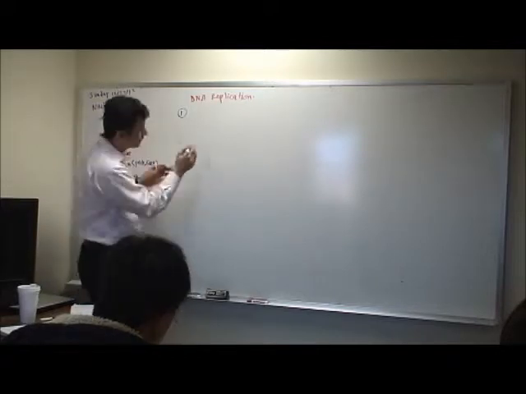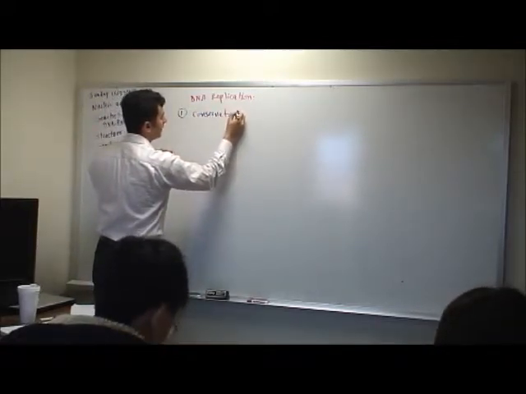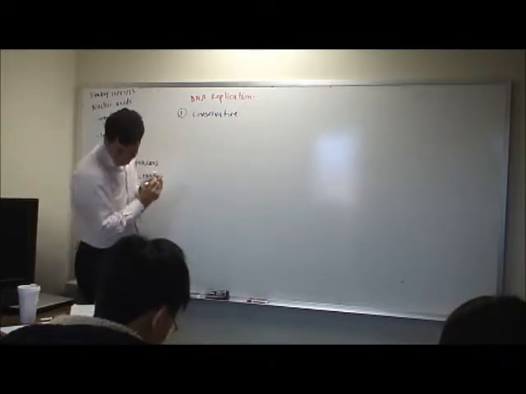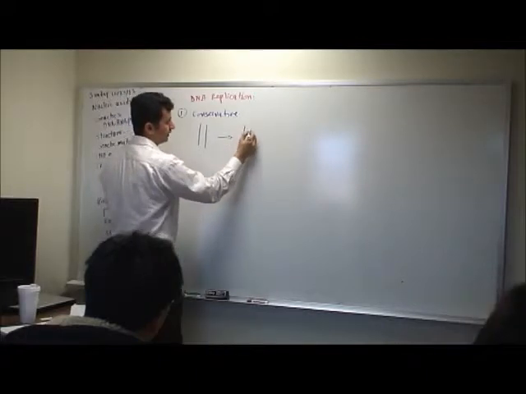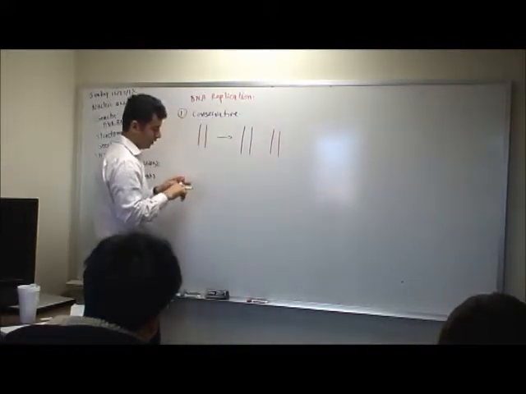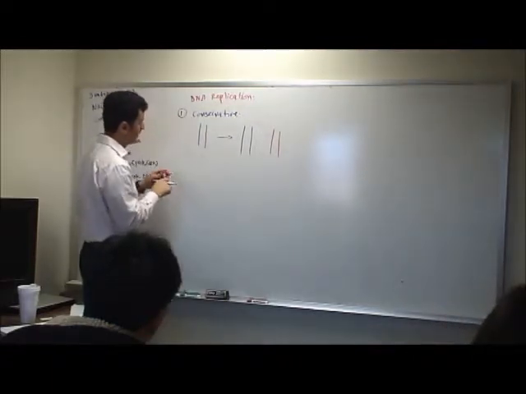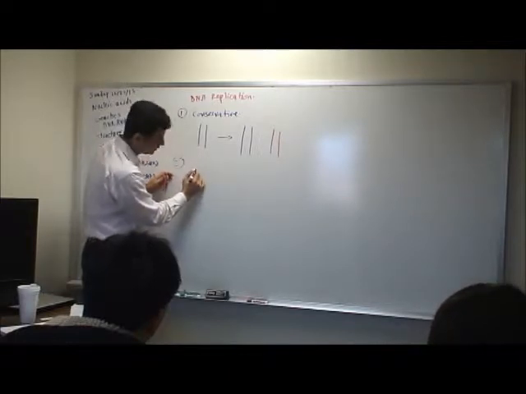One of them, they said it could be conservative. Conservative means if I have one DNA, let's say this is a DNA, if I unbind it, I end up getting this, and this is the new one. That was one hypothesis they came up with. The second one was called dispersive.